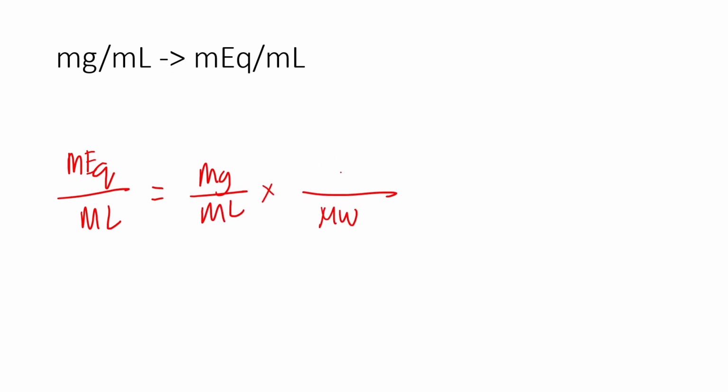If you are dealing with concentrations, like milligram per mL to milliequivalent per mL, you simply have to include milliliters in the formula. So it's milligram per mL multiplied by molecular weight on the bottom and valence on top. And you will have your milliequivalent per liter.